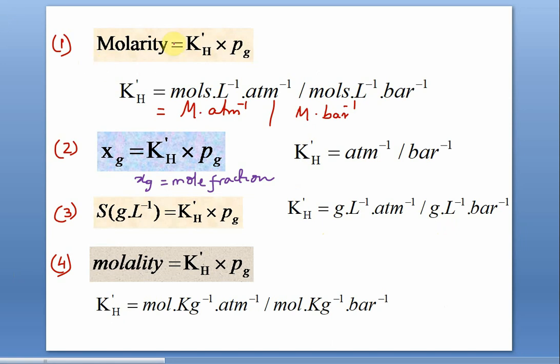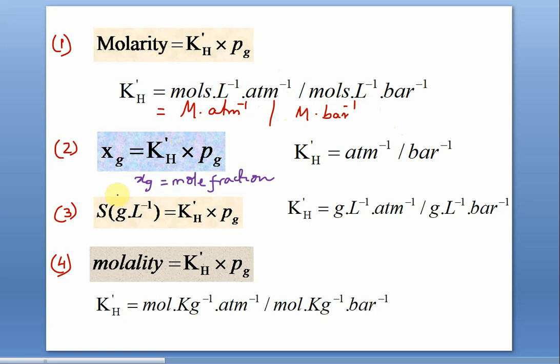So whether you take molarity as your solubility, then the unit of kH prime will be moles per liter per atmosphere. Every time you will find atmosphere inverse as one of the components of the unit, or it is moles per liter per bar, or in place of moles per liter, mostly people write capital M. That capital M stands for moles per liter, so M per atmosphere or M per bar.